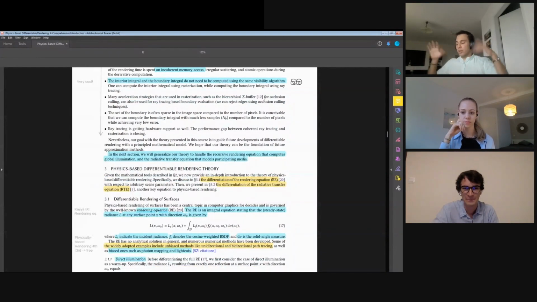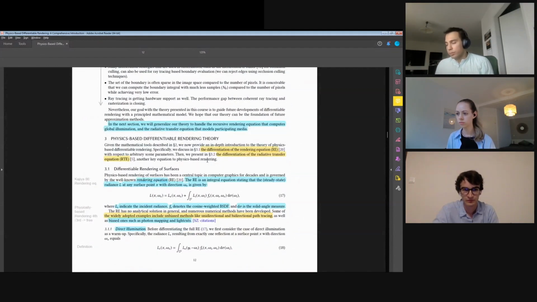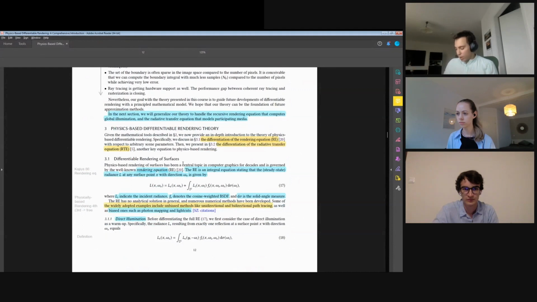So the third chapter is a nice one, especially for people who are interested in physics-based rendering. It's a nice chapter to read. If you do not have any experience in physics-based rendering, there is obviously a great book called Physically Based Rendering, and there is a new edition of that book.